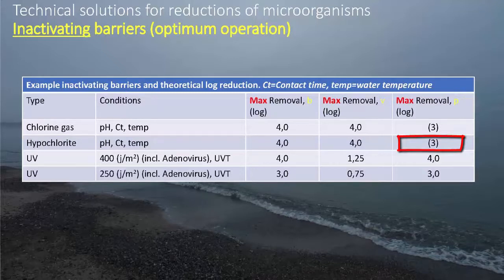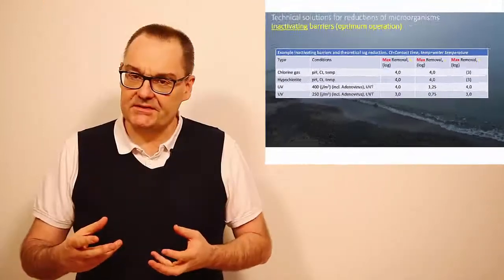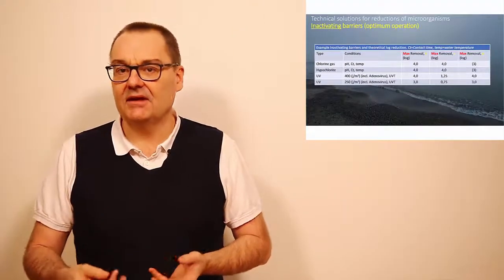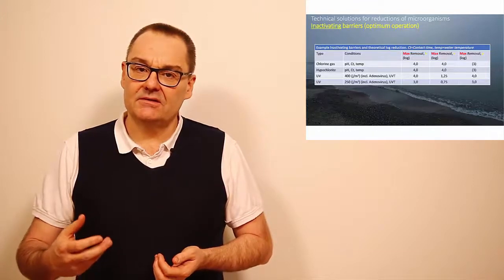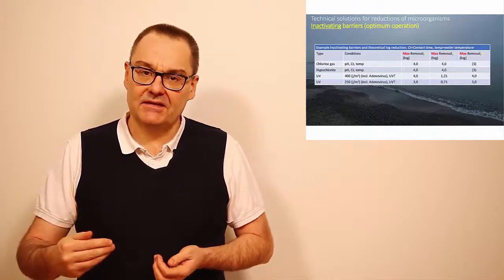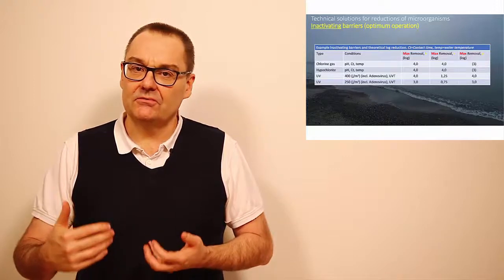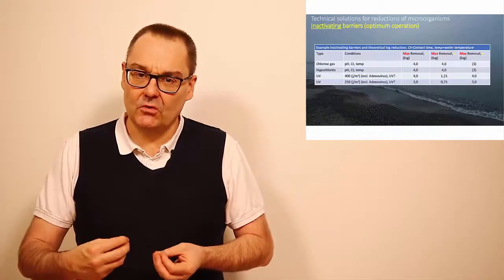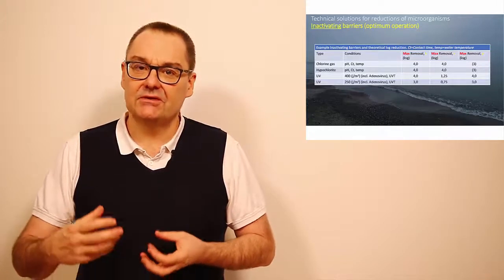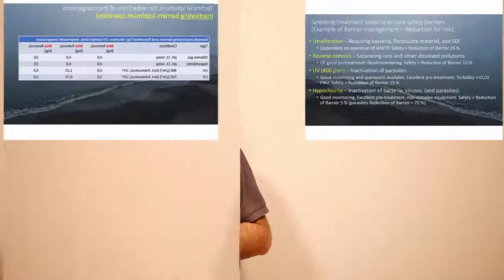But this is one example of an inactivating barrier like hypochlorite. With this we have looked at the separating and inactivating barriers. Now we'll see what treatment steps you can use in order to use treated sewage water as raw water to produce a good and safe drinking water.